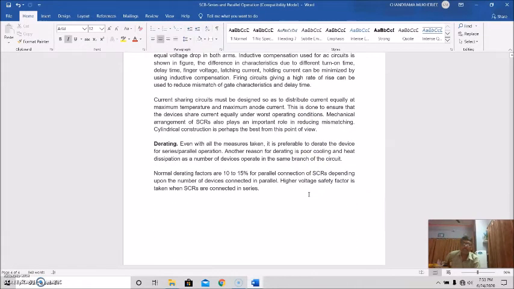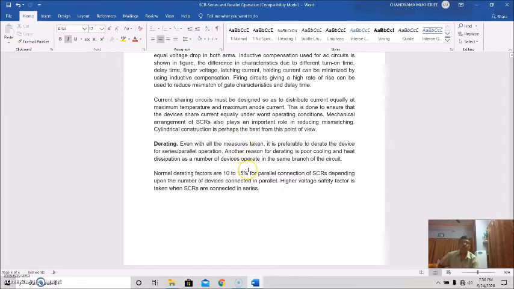Now, derating. Even with all measures taken, it is preferable to derate the device for series or parallel operations. Basically, it's very important. Another reason for derating is poor cooling and heat dissipation, as a number of devices operate in the same branch of the circuit.